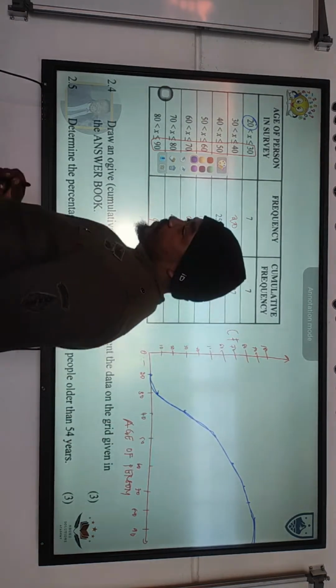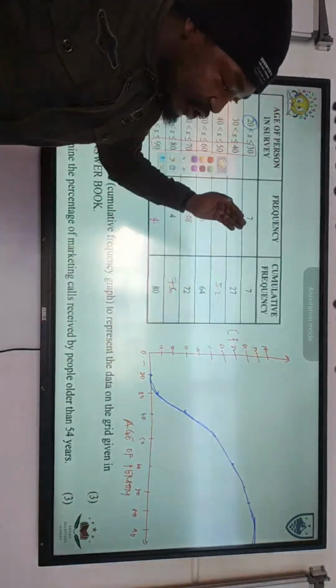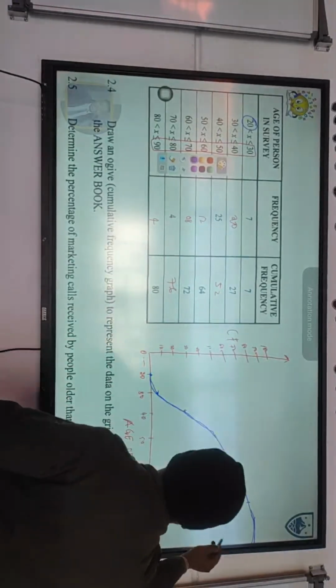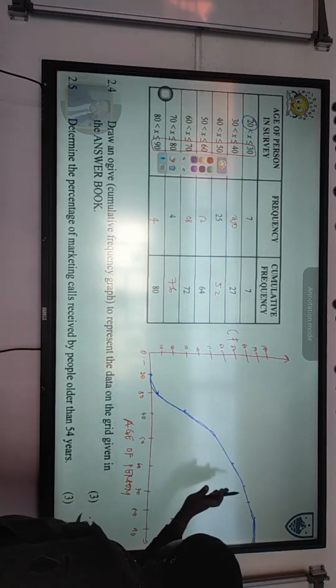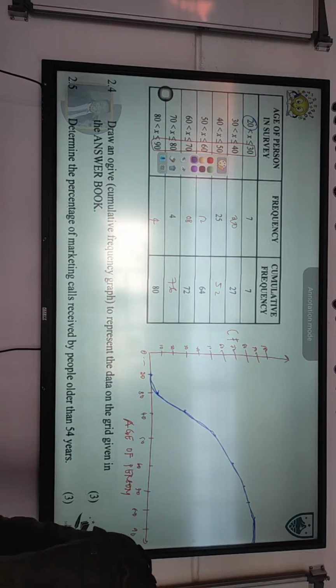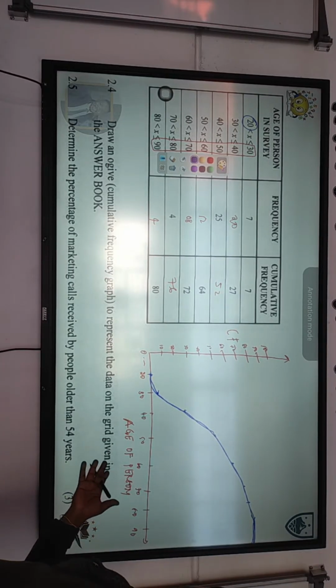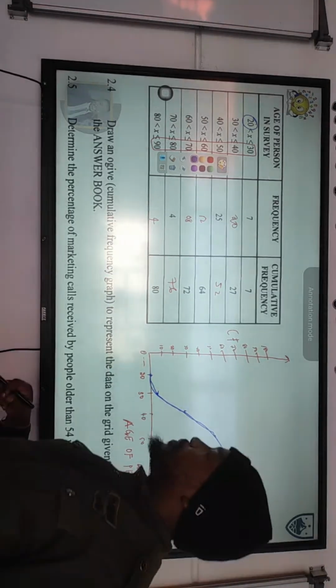Make it a curve. And then after the last one, it will become a straight line. If you have more, it will just be a straight line. Go with that side. That's your curve. You will be given graph paper to draft this. So please don't mess it up.